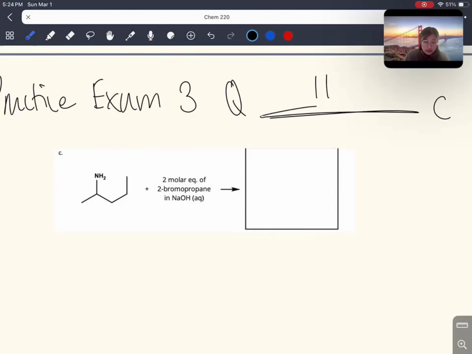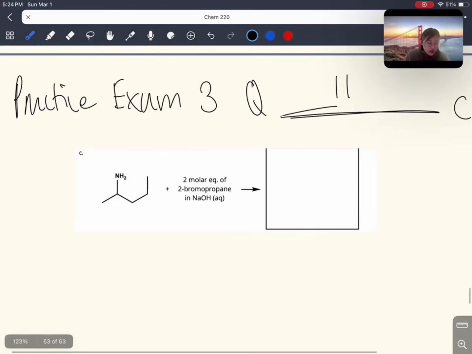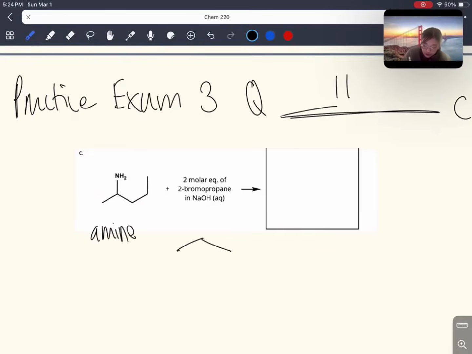So now, what is this reaction? We're reacting an amine with 2-bromopropane. We have 2 molar equivalents of bromopropane.